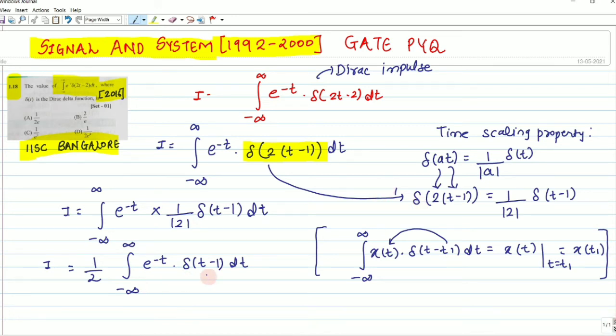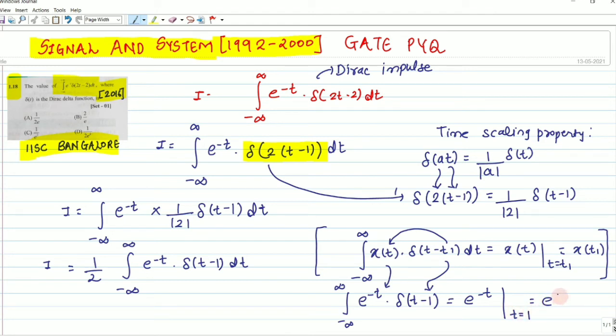Understood? Here we can compare. Our integration from minus infinity to infinity has x of t equal to e raised to power minus t, times delta of t minus 1. We can say our x of t is e raised to power minus t, and t1 value is 1. We can substitute 1 in place of t.